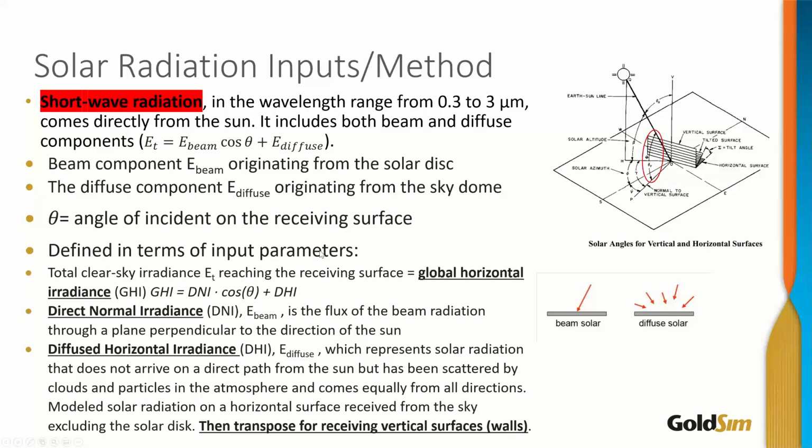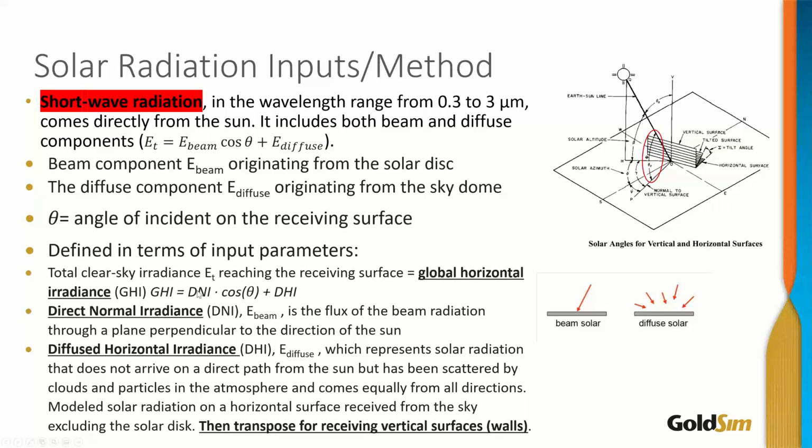So the global total irradiance, which is indicated by this equation, is equal to the direct normal irradiance times the cosine of theta, which is the angle of incident on the receiving surface, plus the direct horizontal irradiance. The DNI is the beam component, and the DHI is the diffuse component.